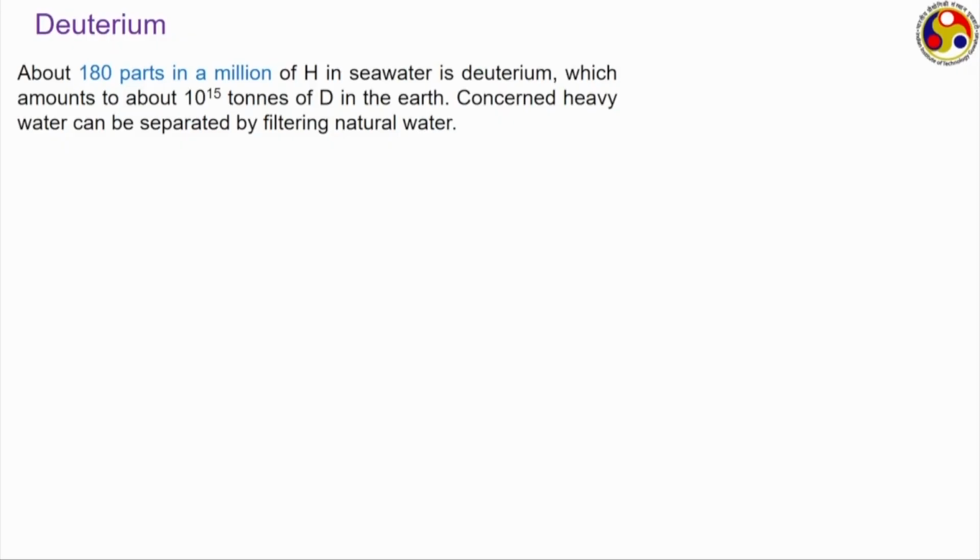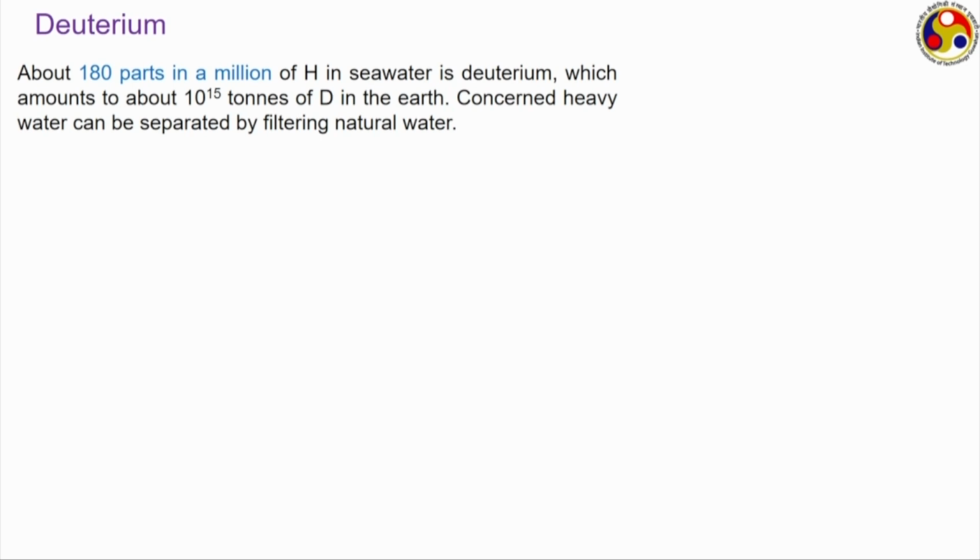So, about 180 ppm of the sea water on the earth is heavy water, that is, the concerned hydrogen nucleus is actually a deuterium. This amounts to something like 10 to the power 15 tons of deuterium on the earth, which is generally sufficient for all those projections of 3 million years.